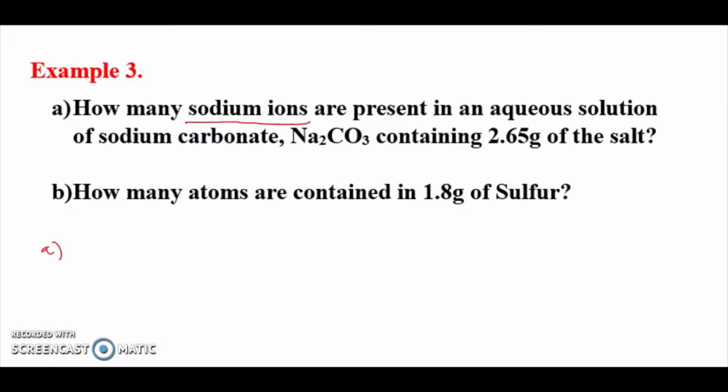So we move ahead. The molar mass of sodium carbonate is equal to 106. So the number of moles, we know that number of moles is equal to given mass divided by molar mass. The given mass in the question is 2.65 grams.